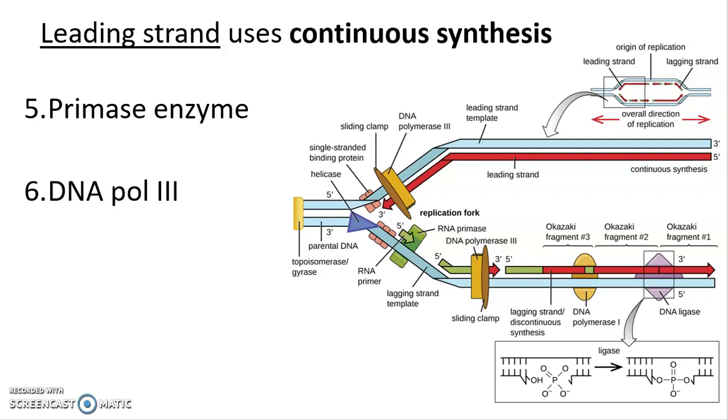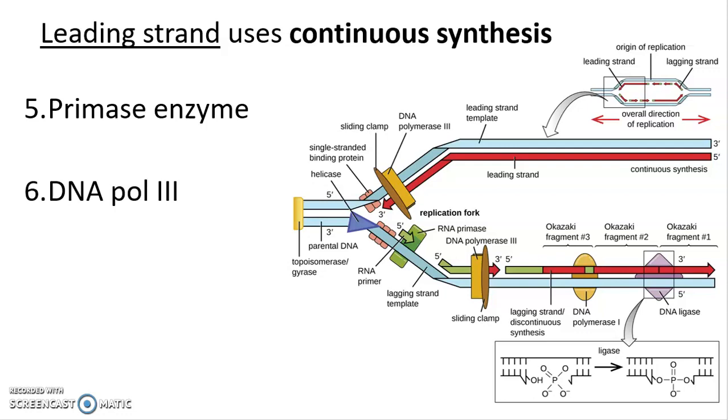Similar to what we saw with primase, the DNA bases, deoxy-ATP, CTP, deoxy-GTP, and deoxy-TTP, are going to line up with the complementary bases on your parent strand or template strand of your DNA, and the DNA polymerase is going to hydrolyze those bases and use that energy to make the covalent phosphodiester bond, connecting sugar and phosphate on your new DNA strand.